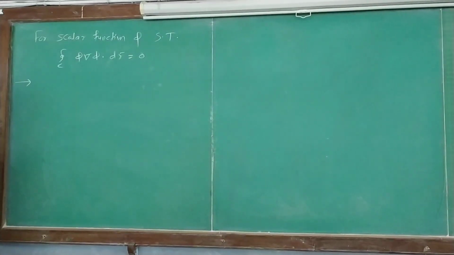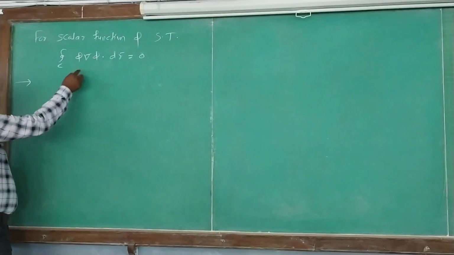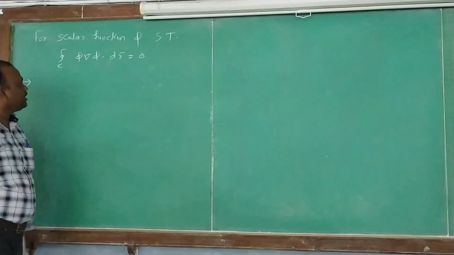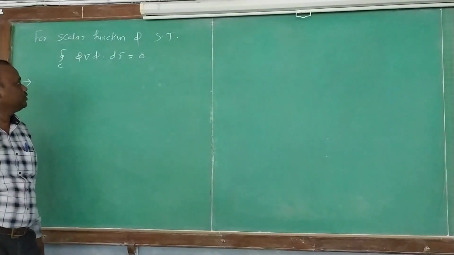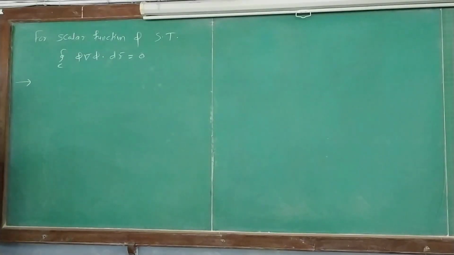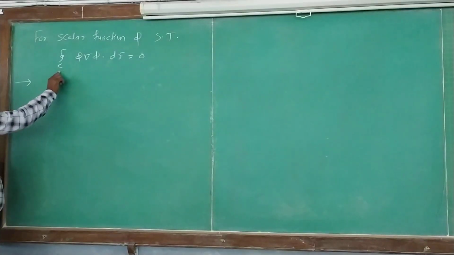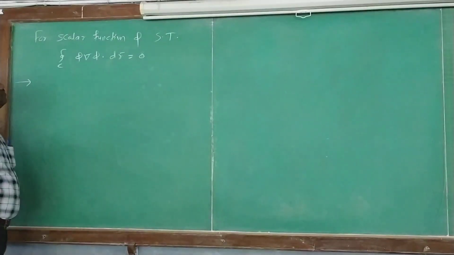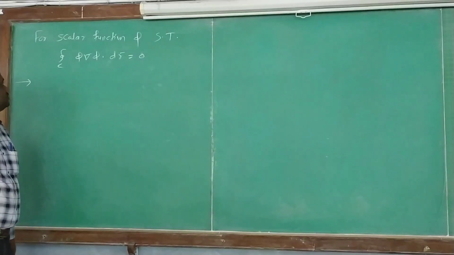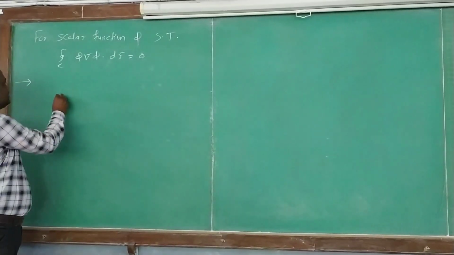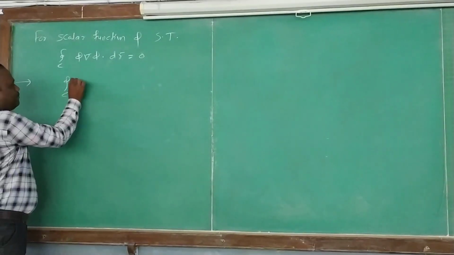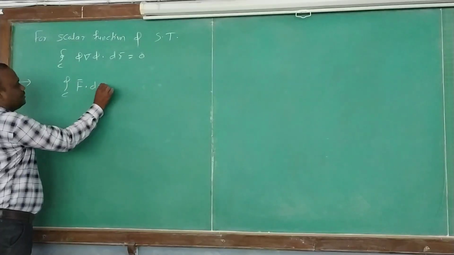Now the second problem: for a scalar function phi, show that closed integral over C of phi del phi dot dr bar equals 0. Again, how do we solve this problem? To prove that this is 0 means closed integral over C of f bar dot dr bar equals 0.